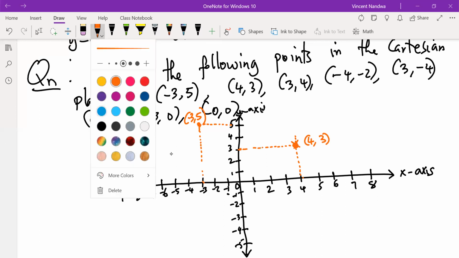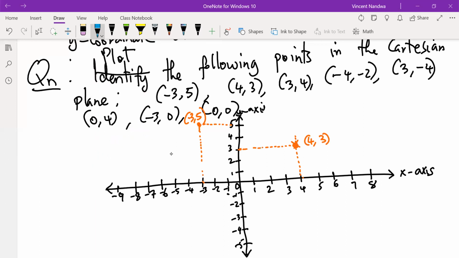Next one, we have 3, 4. So 3 units along the x-axis, 4 units along the y-axis. So these 3 units, and then on the y-axis there are 4. So a parallel line, and the point of intersection is 3, 4.